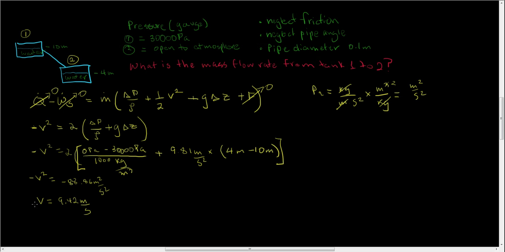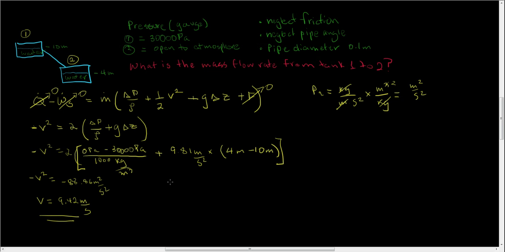Those are the correct units for velocity, and units are very important in this problem. You should always write them, because if you get something that is not meters per second, you know that you did something wrong. So always follow through with the units when you're doing these problems. This is our first step.